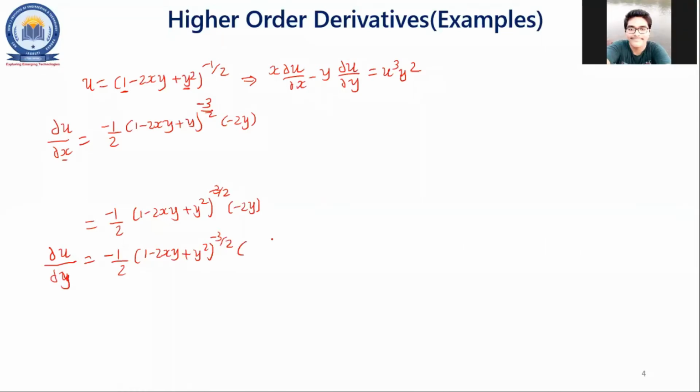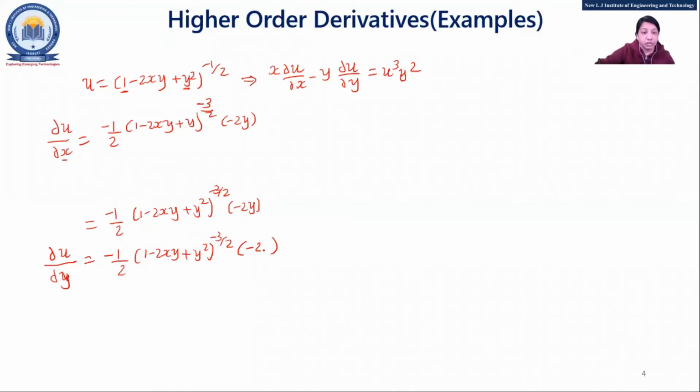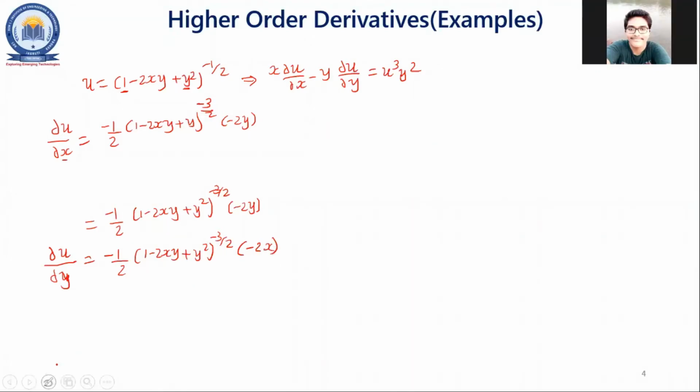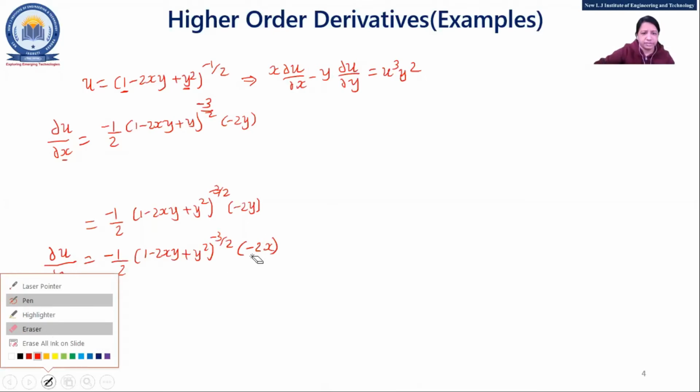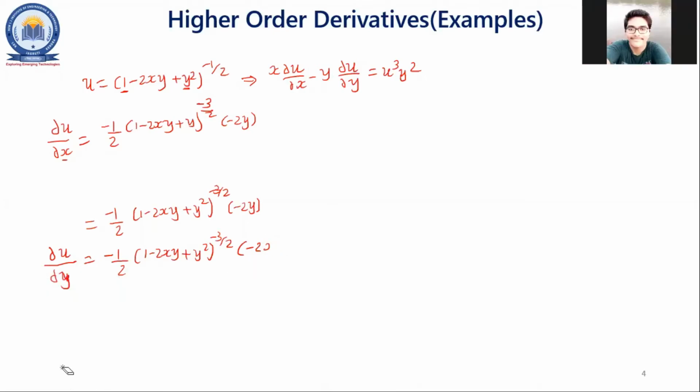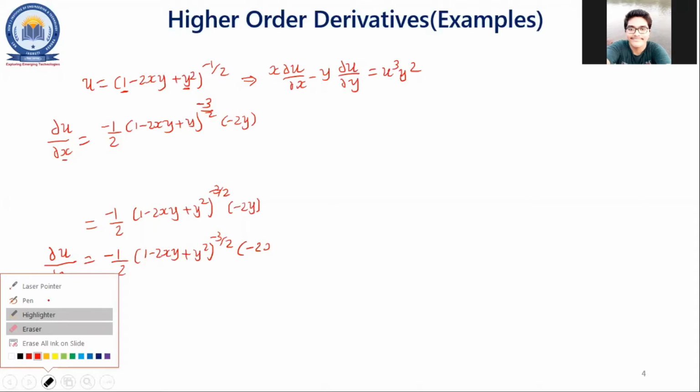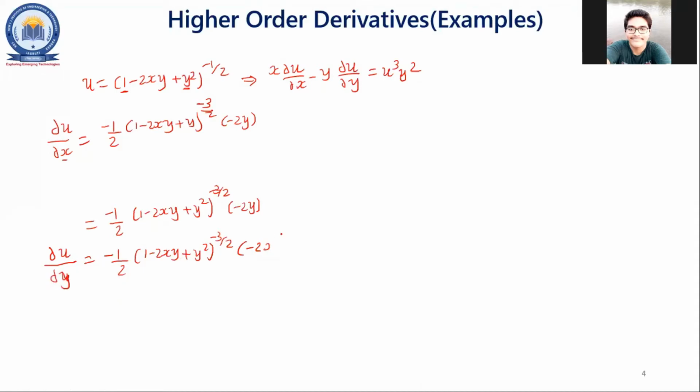Ma'am, here we will write minus 2x plus 2y. Yes. Minus 2x plus 2y. Ma'am, 2y will be there because when we differentiate y square, we will get 2y. Okay. Here it's a y square. Sorry. Yes. So minus 2y.